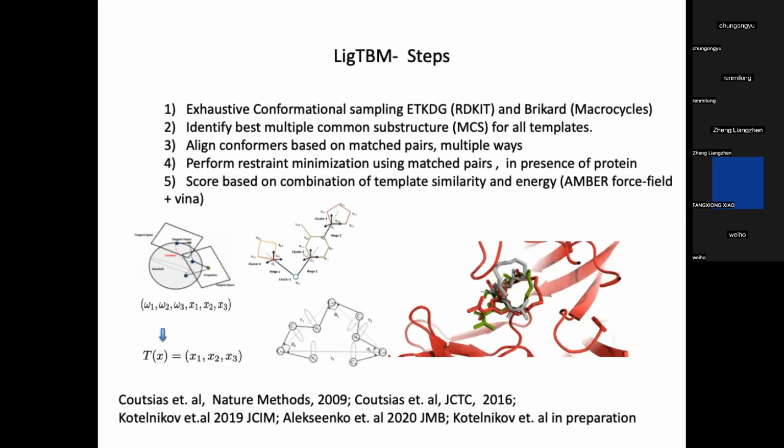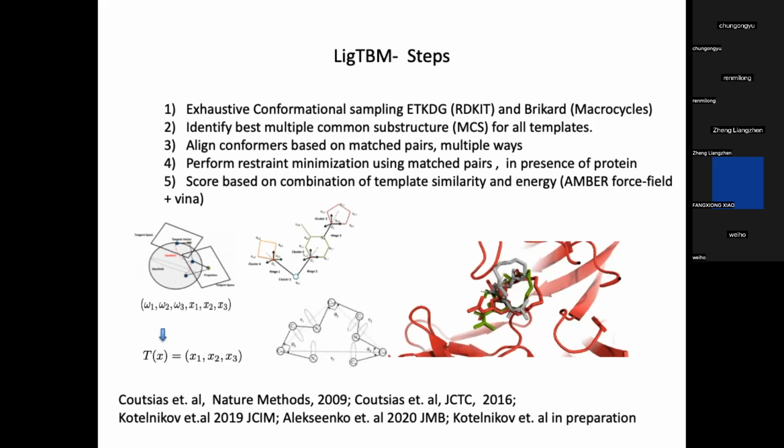But it turns out there are many ways to do it: in terms of alignment to the target protein structure, and also how you look at the multiple common substructure, whether it's global, whether it is strict or more relaxed. Because strict gets you more reliable models, but relaxed can pull things from a very remote template.